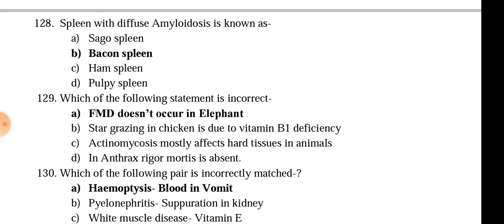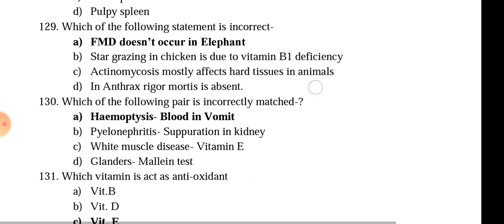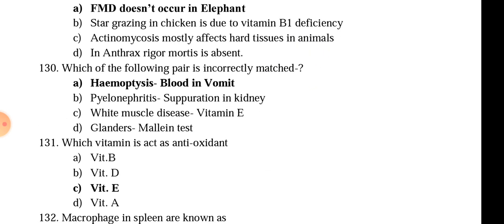In anthrax rigor mortis is absent because the mechanism of coagulation of blood is inhibited; the bacteria intervene so the blood does not clot, blocking a factor of blood clotting. Which of the following pairs is incorrectly matched?